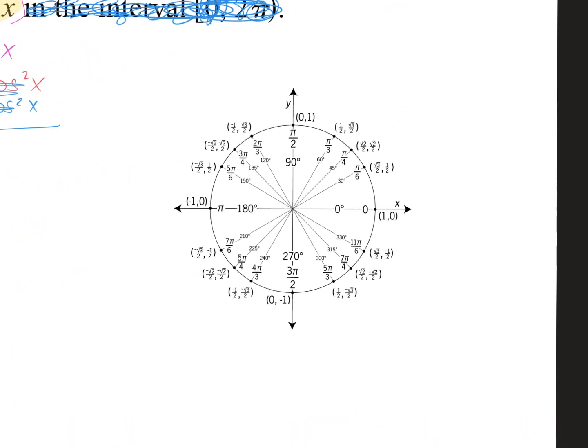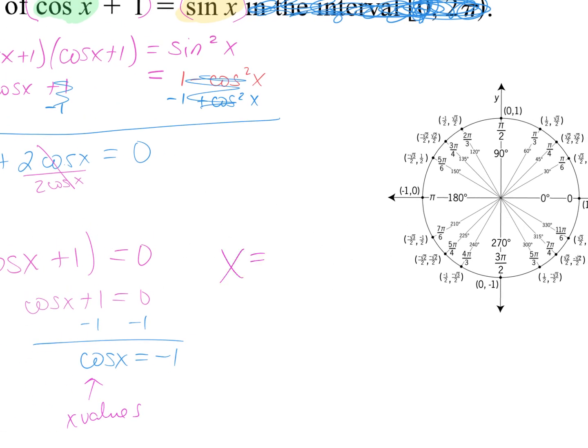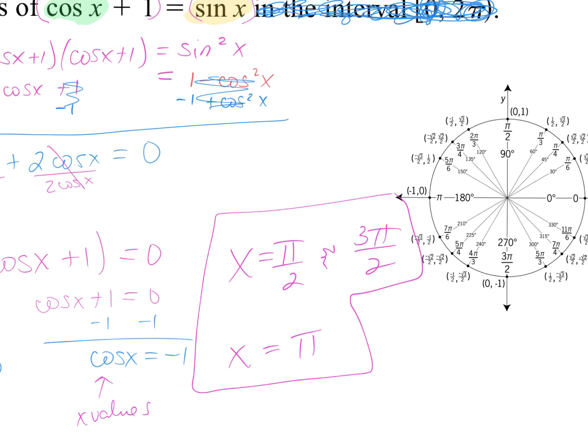Where are all my x values? 0. So x equals pi over 2 and 3 pi over 2. Now I look to see where all my x values are negative 1. At pi. And there, ladies and gents, is your answer.